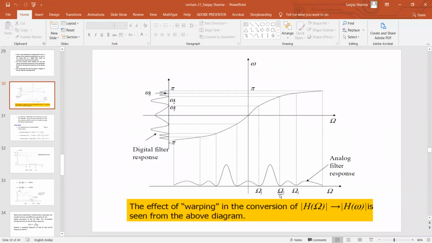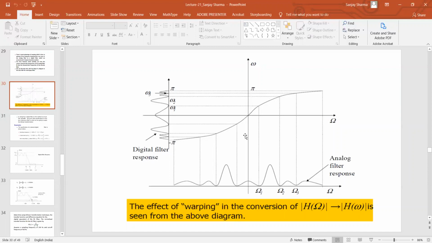Now I will go for the capital omega 2 analog frequency point. If I draw the small omega 2 point graphically from these transfer characteristics, I get this small omega 2 as the digital frequency point. And omega 3 I will get here, and plotting the digital frequency point, I get this small omega 3.